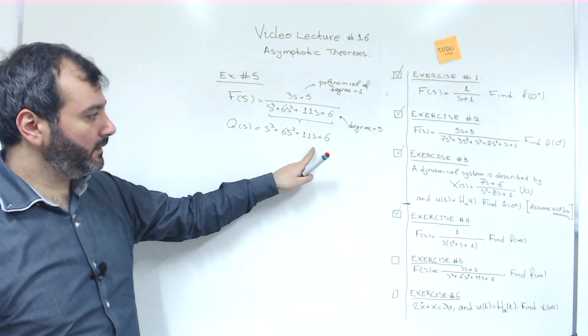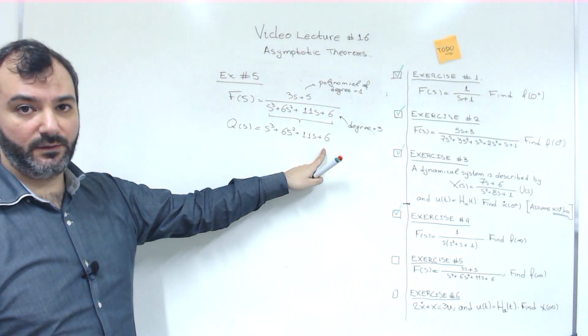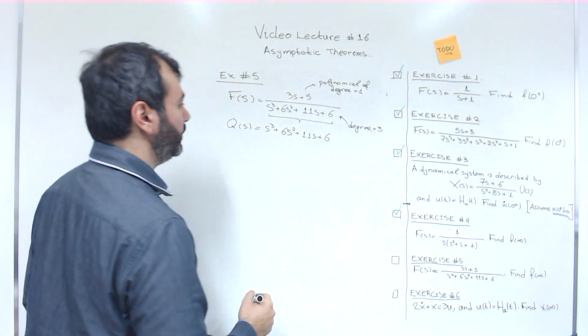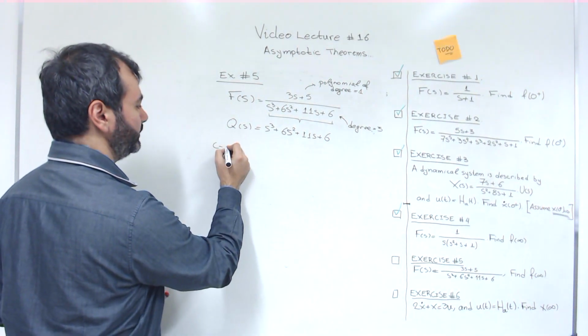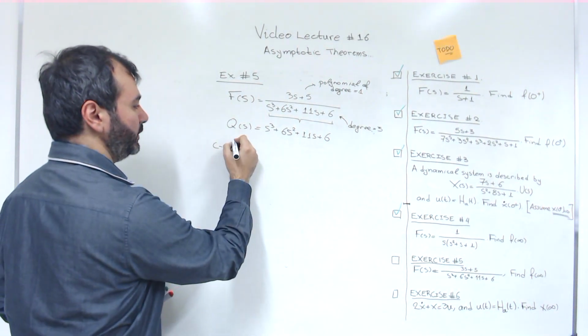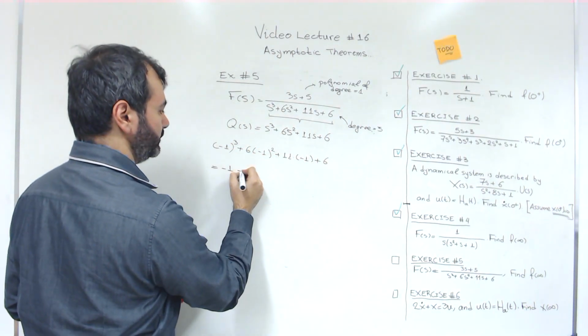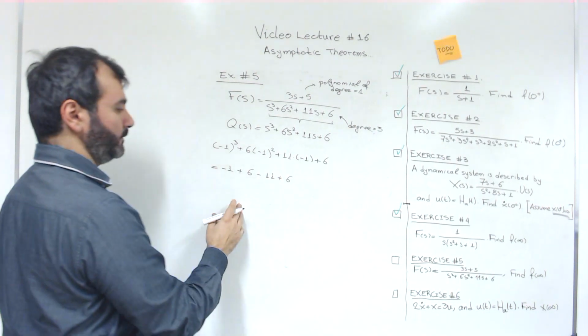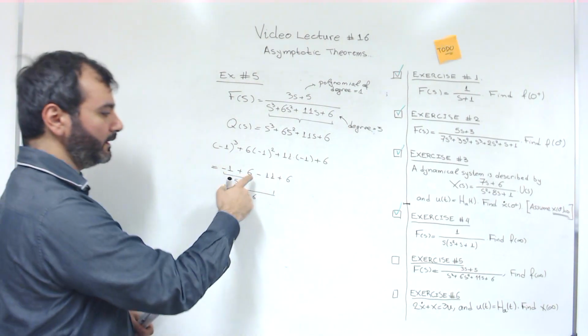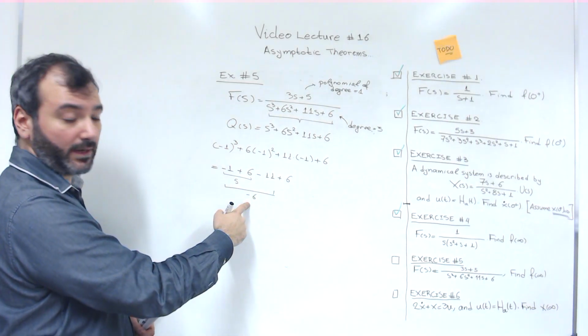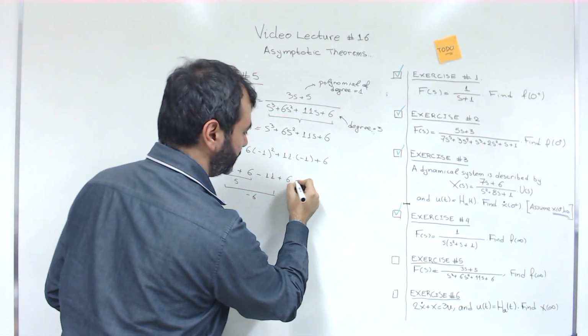However, we might notice here that if we plug into this polynomial the value minus 1 to the third, six minus 1 is 5, 5 minus 11 is minus 6, plus 6 is equal to 0.